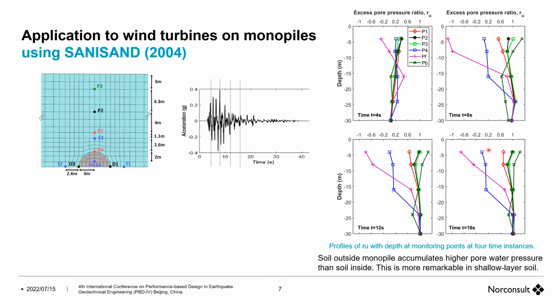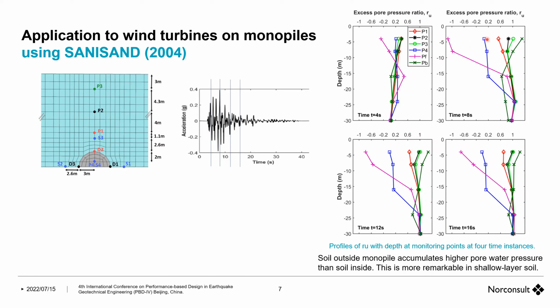P4 is the blue one. What is interesting is that one is the full liquefaction, excess pore pressure with depth, and points outside quickly go towards liquefaction, whereas the point inside is less liquefiable all along.